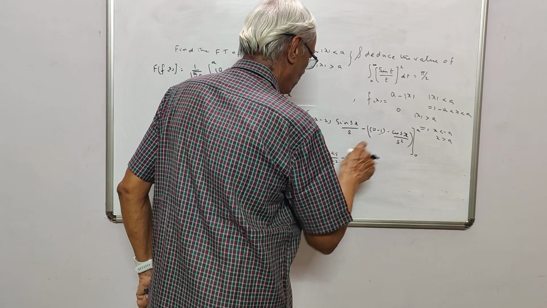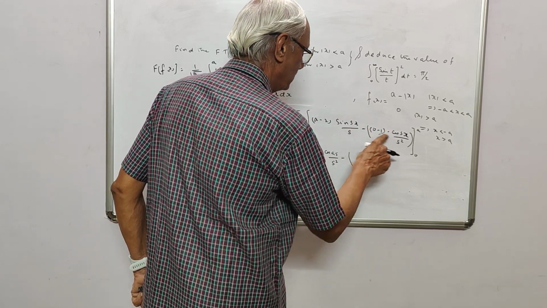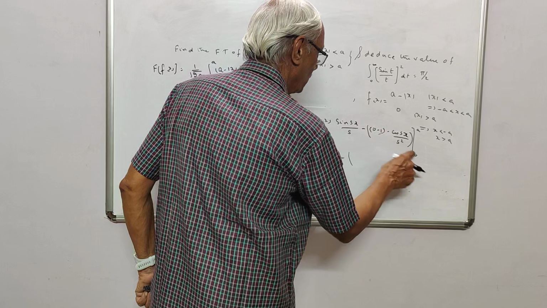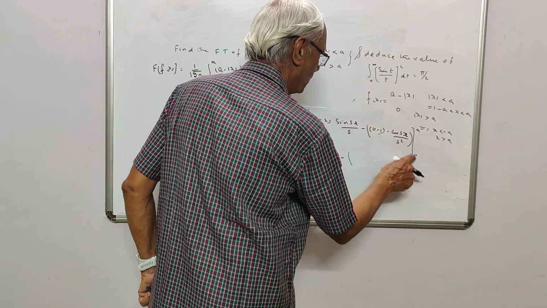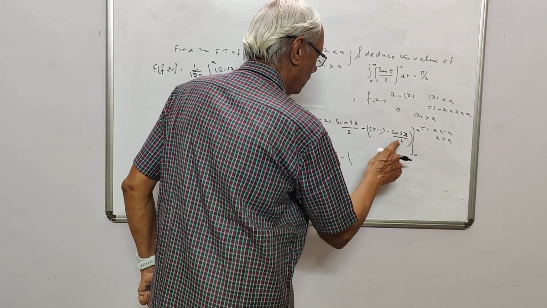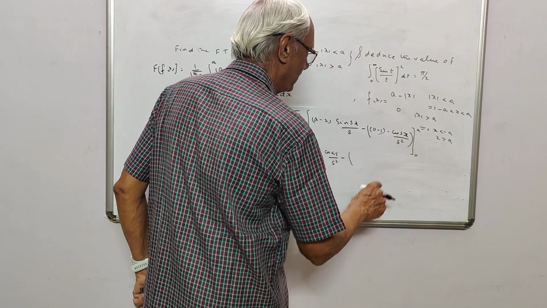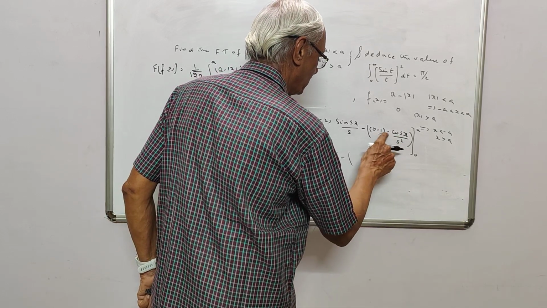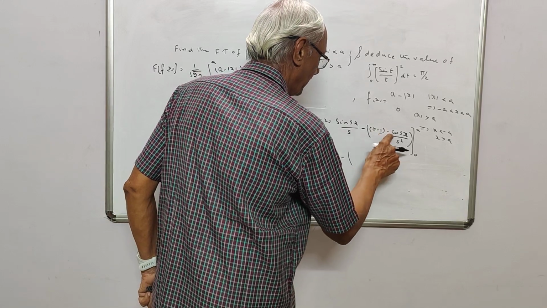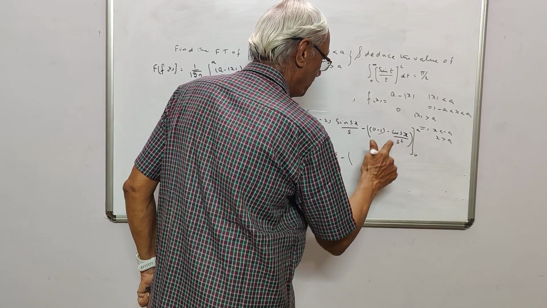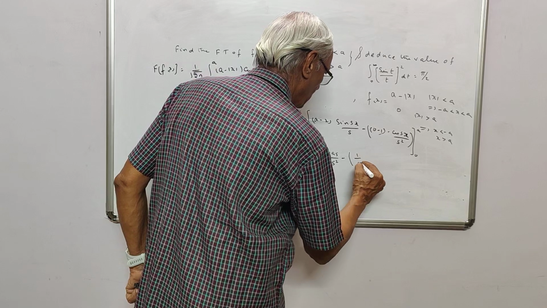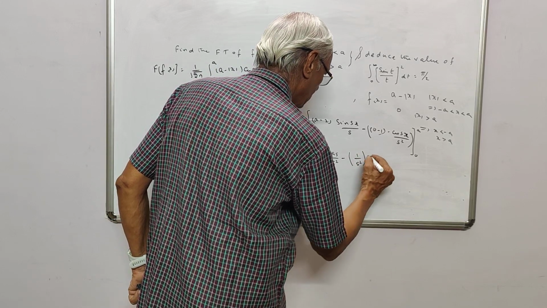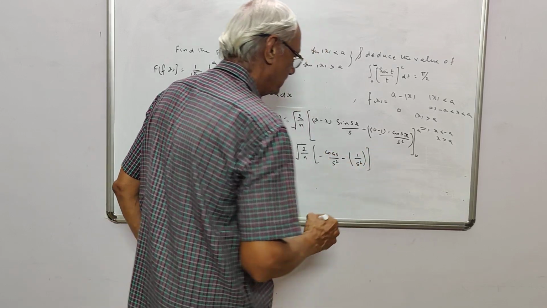So you put 0 here, and you get 1 by s squared. This is minus into minus, which is plus, and then this is 1 by s squared. So this is what you will get.